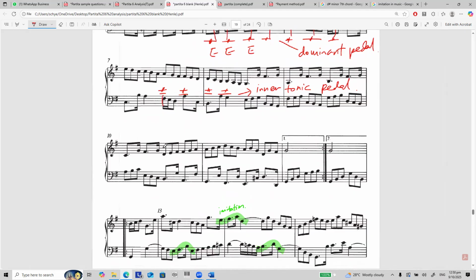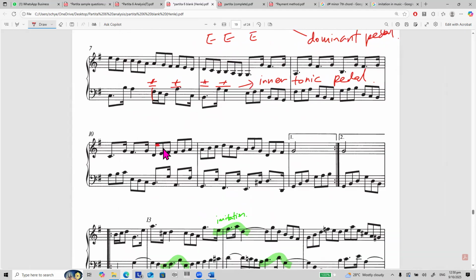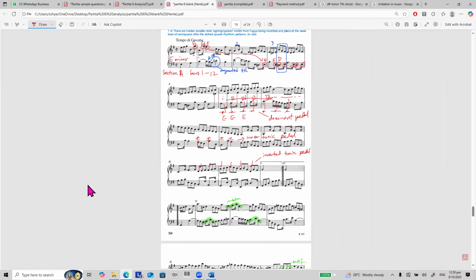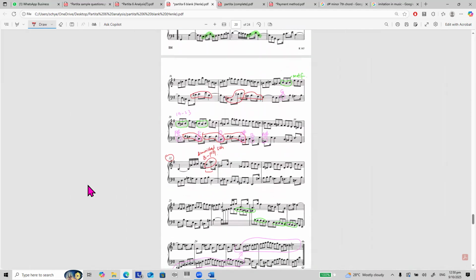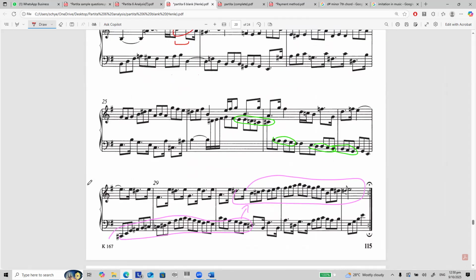For example, if you have an E keeping on repeating itself here and passing through many different harmonic progressions, then we call this the inverted tonic pedal. So you try to search for this. You can pause the video and see whether you can find it. If you cannot find it, I give you the answer here.